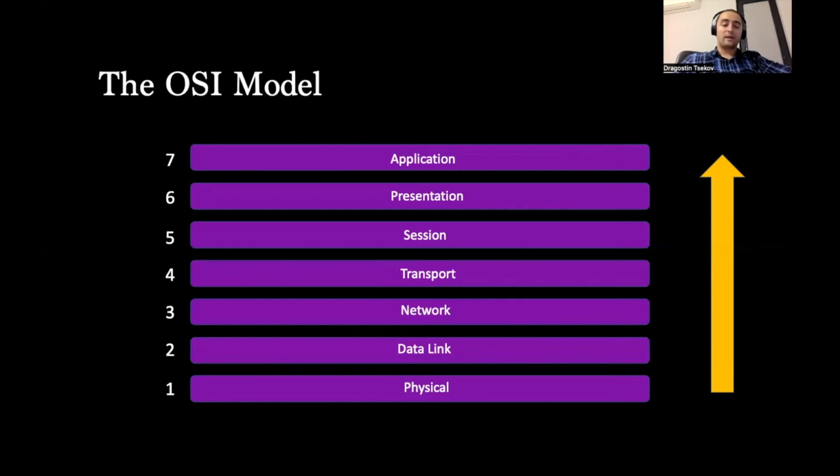So each one of the layers receives an additional header in order for the packet to be correctly received on the receiving end, right? So this process is called encapsulation when the packet is going in that direction. On the receiving end, the reverse process, decapsulation, is basically the stripping of these headers as the packet is going up to the application layer.